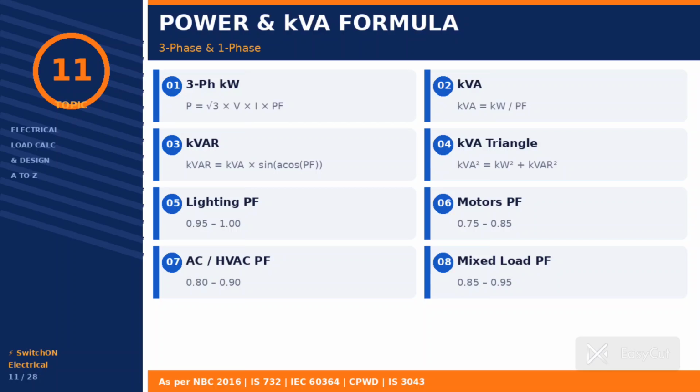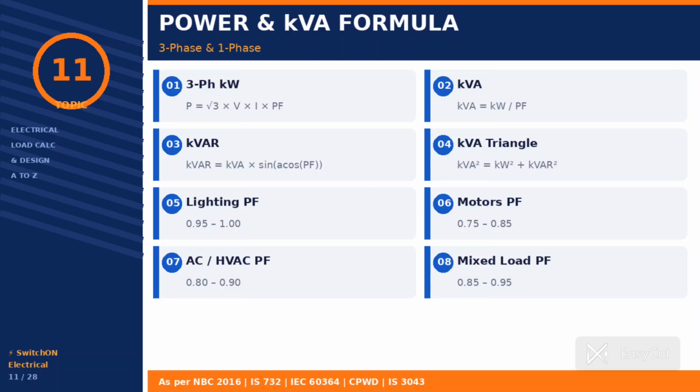kVAR is equal to kVA, that is root 3 VI into sine of cos inverse of phi. Don't get confused. kVA is equal to root 3 VI. If you multiply that with power factor, you will get kilowatt. And kVAR will be kVA into sine of cos inverse phi, while in kilowatt you will get kVA into cos phi.